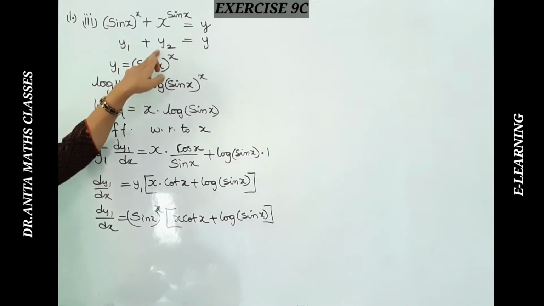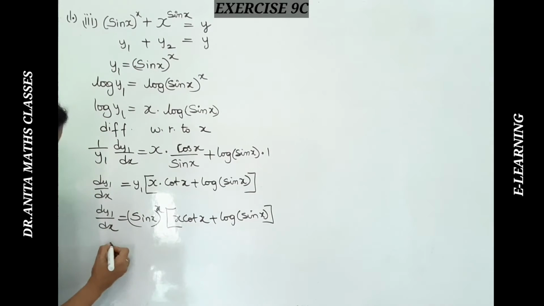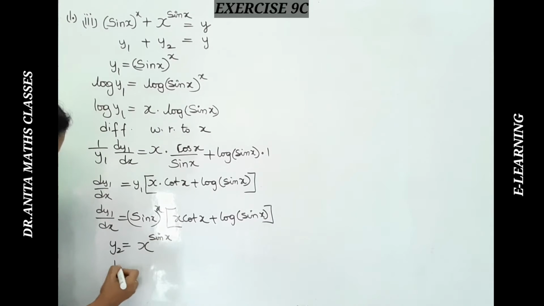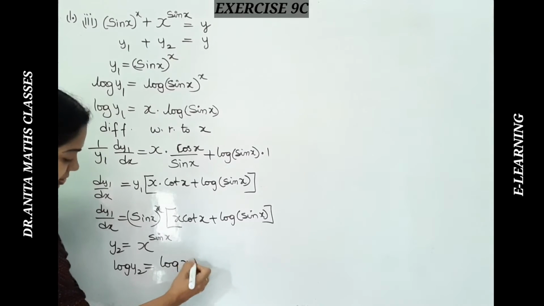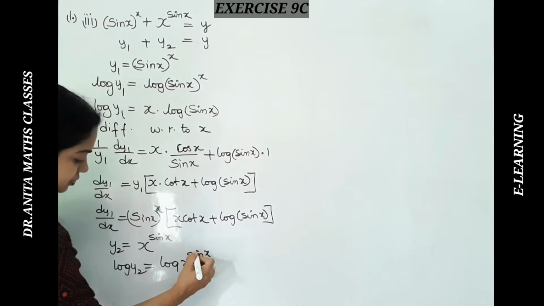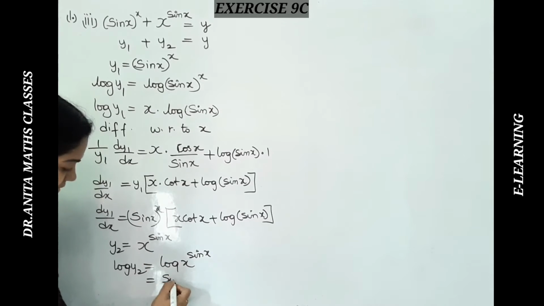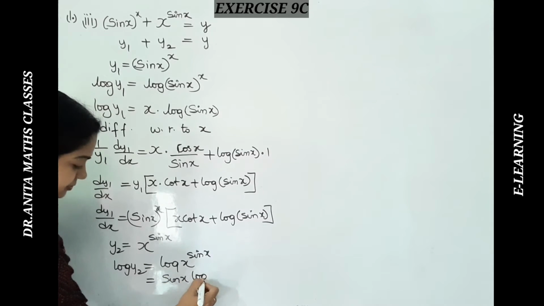Now we will take the y2 function here. So y2 equal to x raised to the power of sin x. Let's go for applying log on both sides. Log of y2 is equal to log of x raised to the power of sin x. So this is the exponent power, so that comes to the front. So that is sin x log x. Okay, sin x log x.